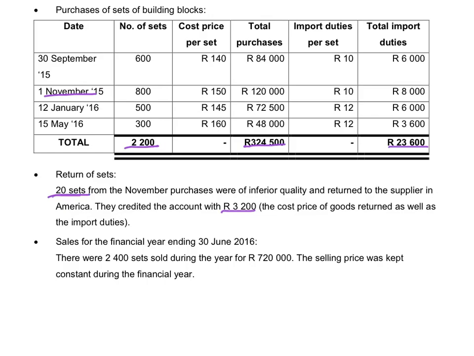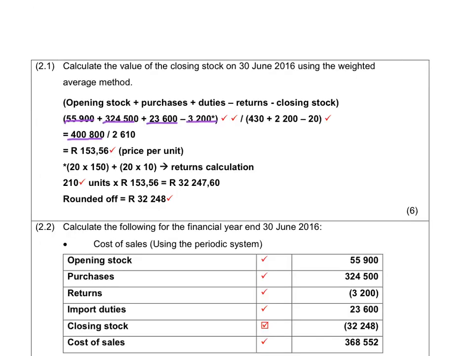Okay, so we will calculate now how many sets that we have available to sell. We had 430 at the beginning of the year, plus the 2,200 that we bought, minus the 20 that we returned. So in total, the number of units is 2610.